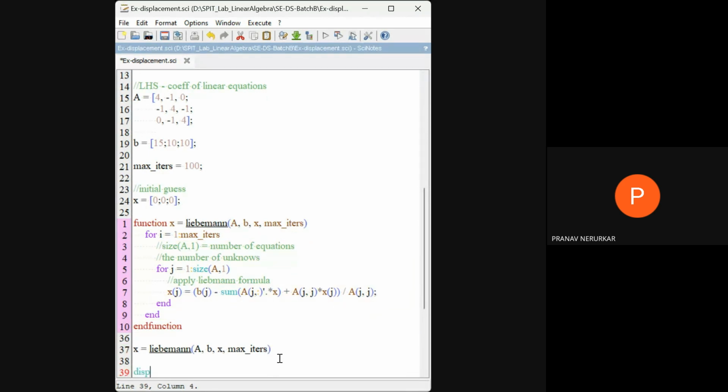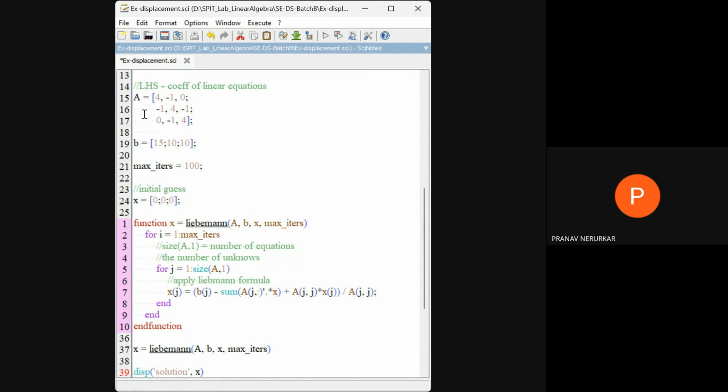Finally, we will display X and that will be printed in display. We are writing solution. This will display our solution.